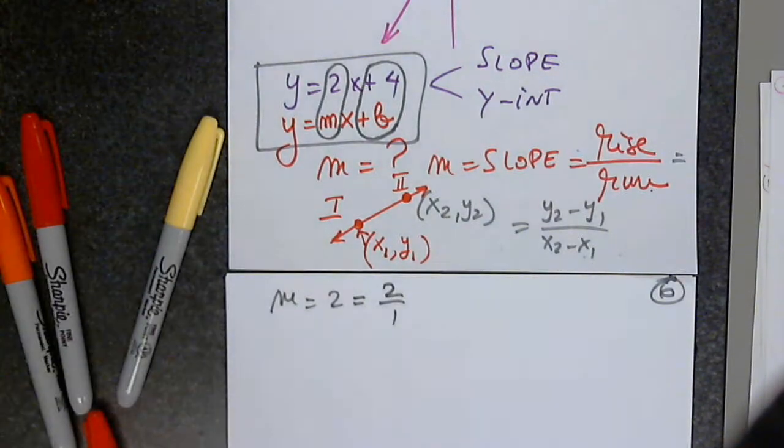What does this mean? It means that this line has a positive slope or a negative slope. Does it go up as an increasing trend, or does it go down as a decreasing trend? Up, right? Because it's positive. Good. So if we walk on this line, how much do we go up and at the same time to the left?